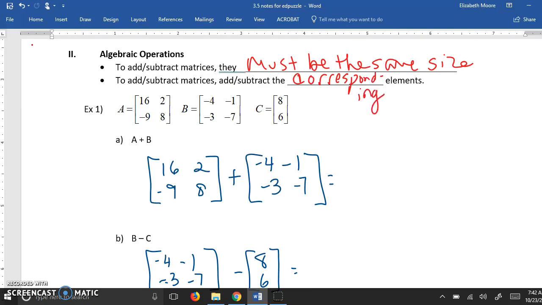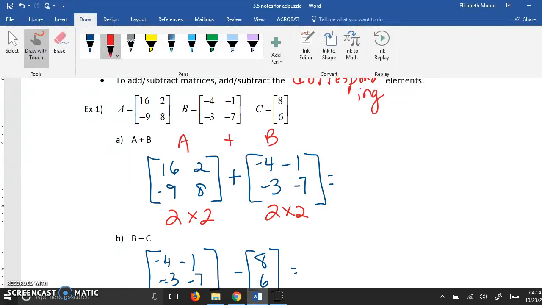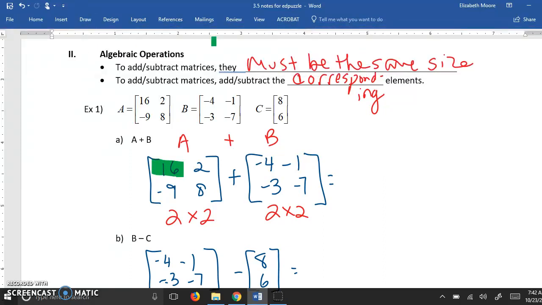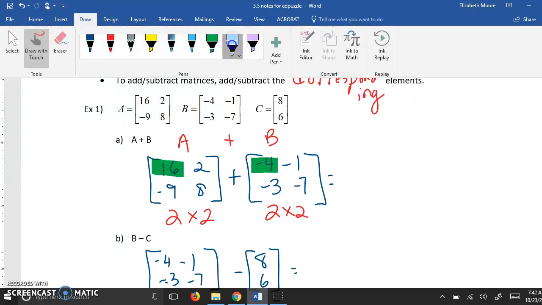So corresponding, I mean, if we look at example A, we have matrix A plus matrix B. We could first see that these are the same size, 2 by 2 and 2 by 2. So when I talk about corresponding elements, I can see that 16 is row 1, column 1, and negative 4 is row 1, column 1. So I would add those together.